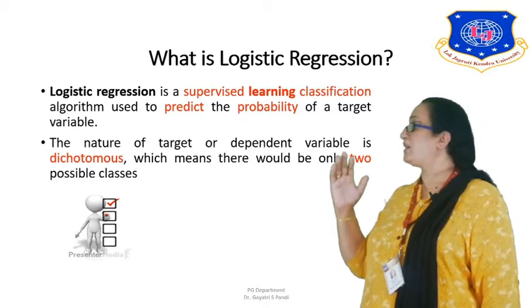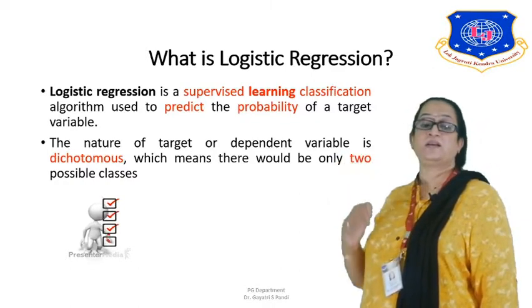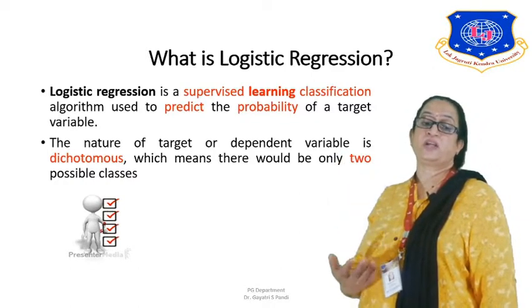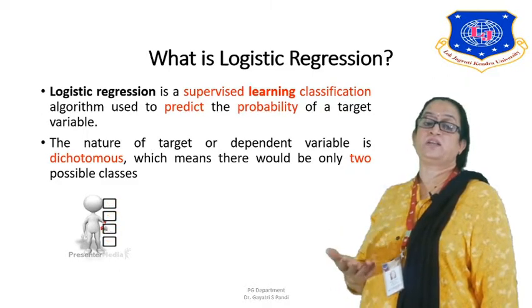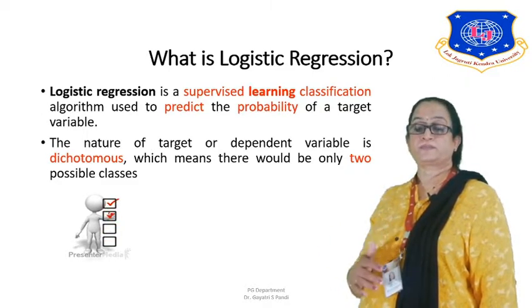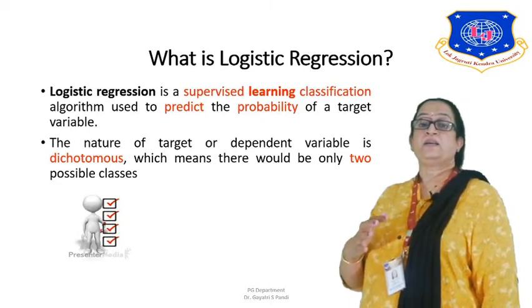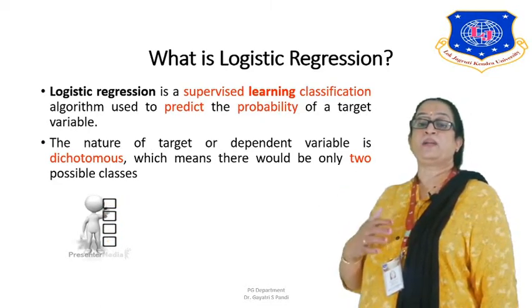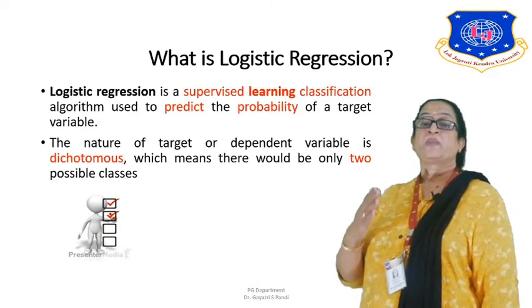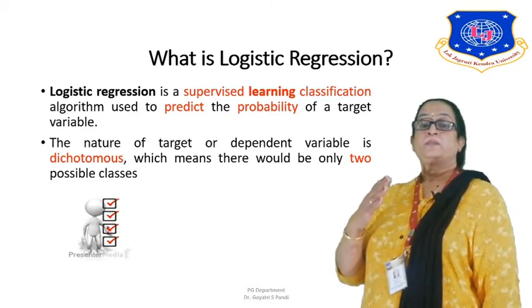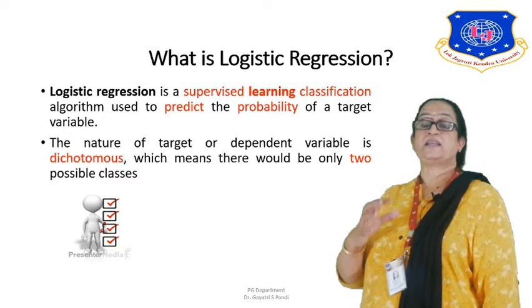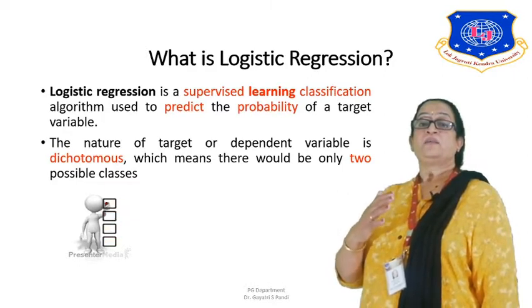So logistic regression, as I told you, is a supervised learning classification algorithm that is used to predict the probability of a target variable. Right? So probabilities are assigned and it will try to predict the probability of the target variable, whether the cancerous cell or the tumor is malignant or not.